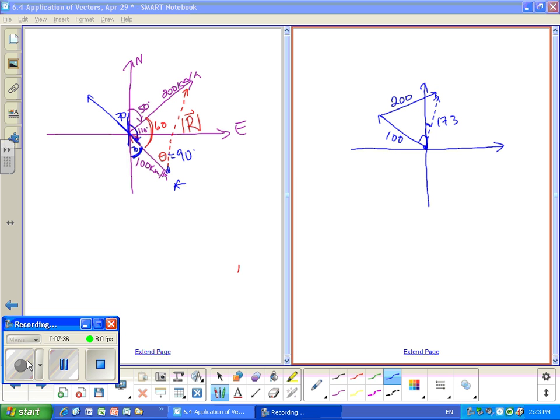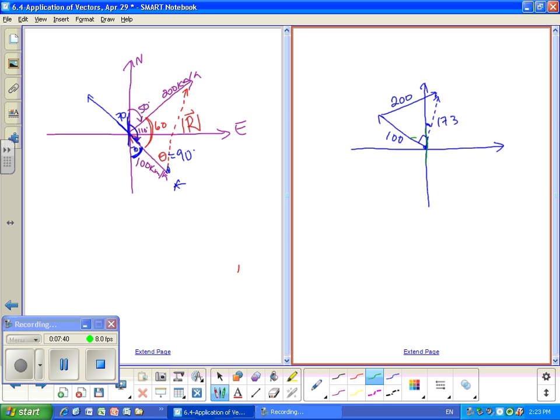We just found out, let me switch colors, that this here, based on the pattern that we just did, in here is 70. So what does this little chunk have to be if we know the whole thing is 90? 20. Yay. So you'd say therefore, the speed is 173, and it's at a bearing of 020 degrees.